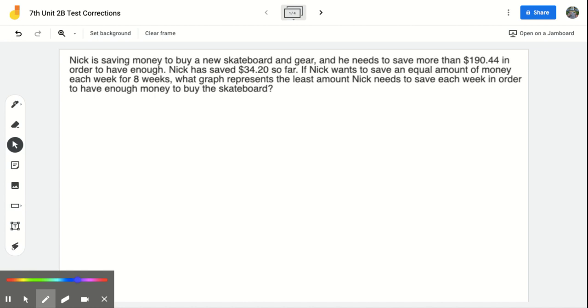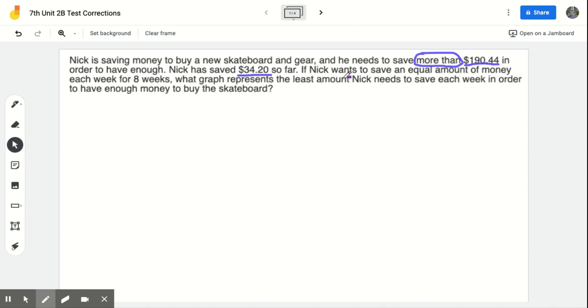Okay, so let's go through and pick out some of the stuff that I see is pretty important. I know right here this is pretty important, that he wants to save more than this amount right here. So keyword with the key number. He needs to have more than that money in order to buy the skateboard and gear that he wants. He already has in possession $34.20.